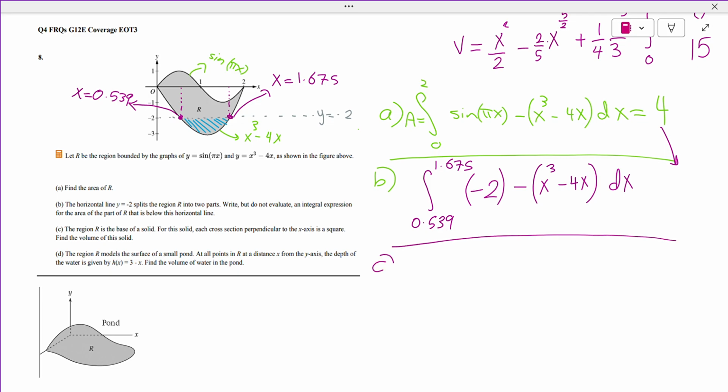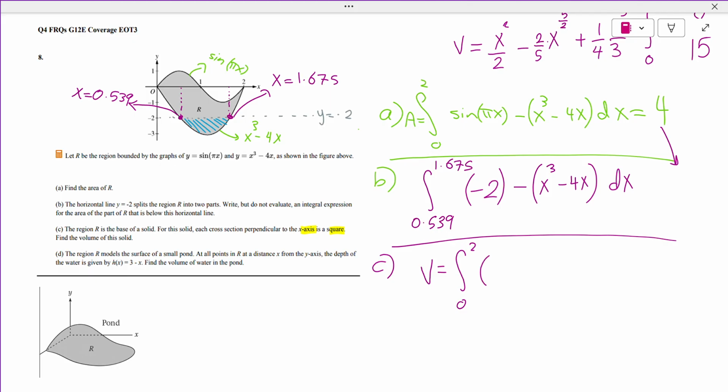Part C says the region R is the base of a solid. For this solid, each cross section perpendicular to the x-axis is a square. So x-axis and squares. Find the volume of the solid. Because it says perpendicular to the x-axis, we will go from 0 to 2.